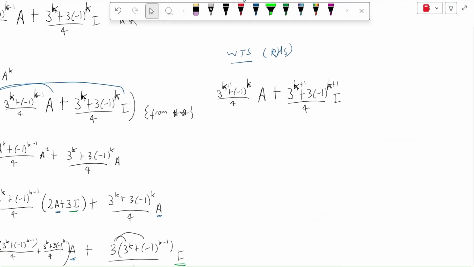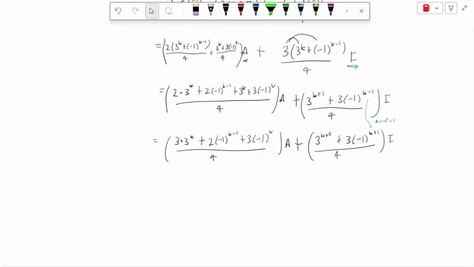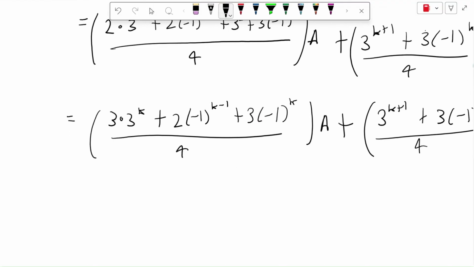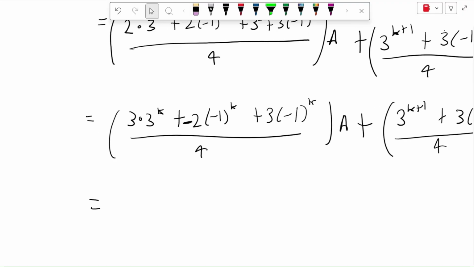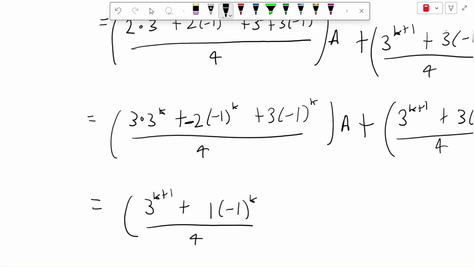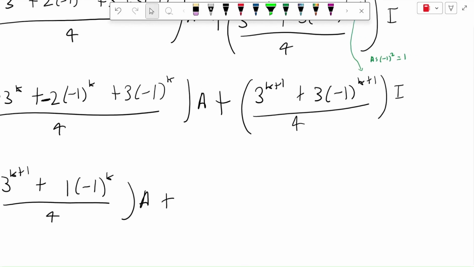And then over here, we're supposed to get some nicer terms. I'm going to write this here as minus 2, and then the minus 1 power goes up or down by 1 because I pulled out one of the minus signs. And then we can group like terms here. So 3^(k+1), and then that is plus 1 times (-1)^k, all over 4, A. And then this term, we already had what we wanted.